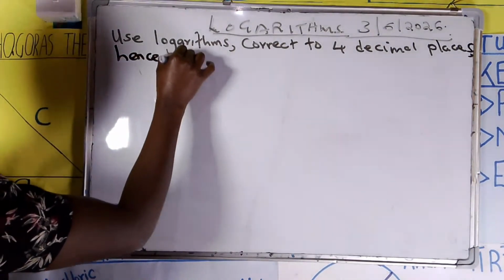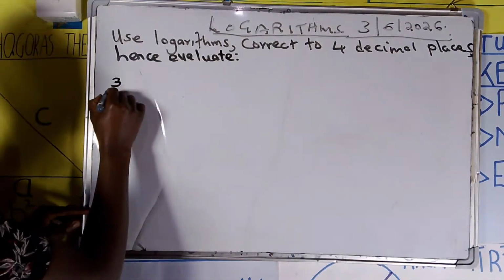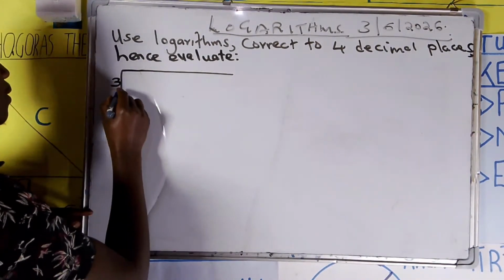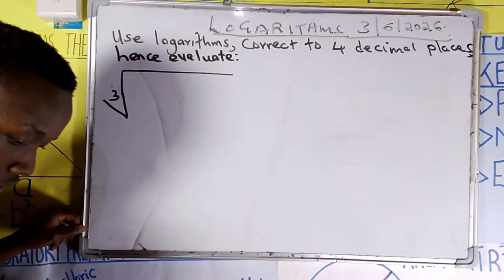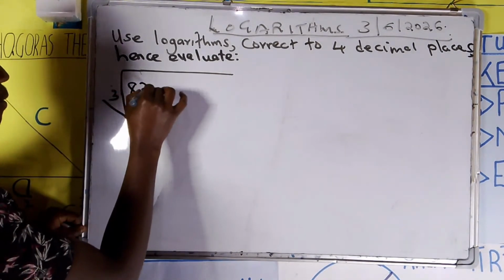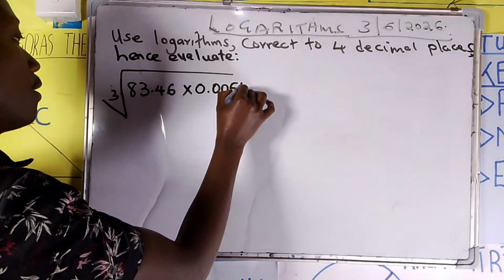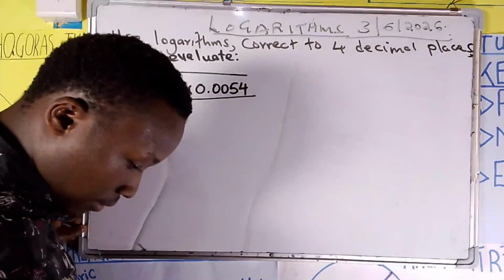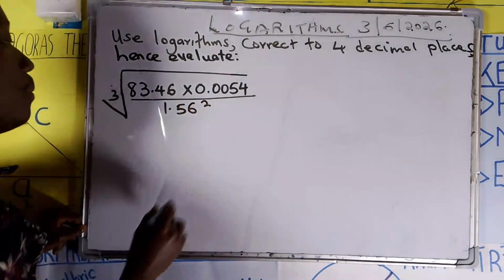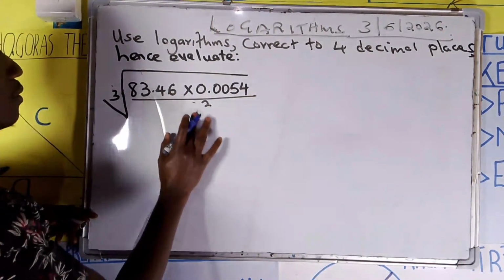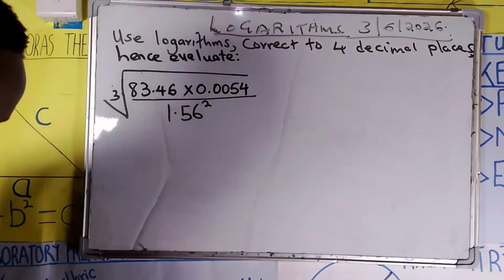Hence evaluate the cube root of 83.46 multiplied by 0.0054, over 1.56 squared. That is what we are going to do now.